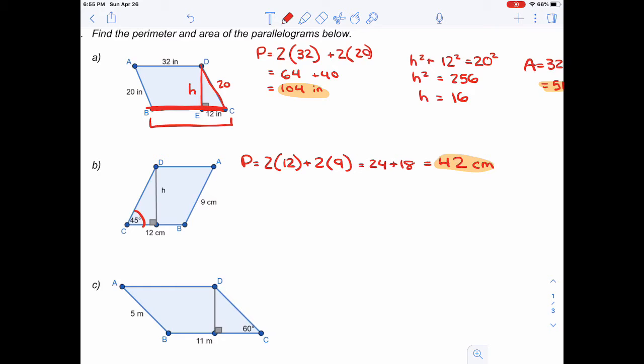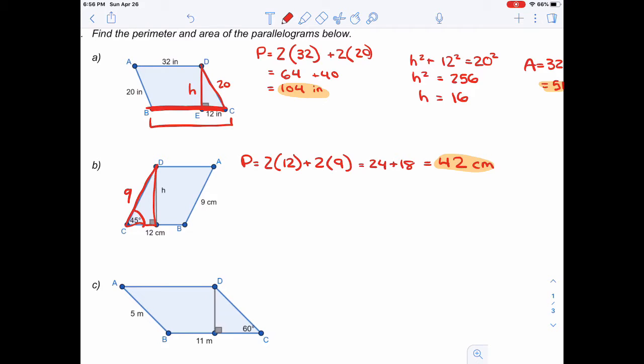Now for our height, like I said, we're going to be dealing with a right triangle and an angle given to us. So remember, we can see that this is clearly a 45-45-90 triangle. So we can use our rules, or what we can also do is just use our sine. Since AB is 9, that means DC over here is also going to be 9.